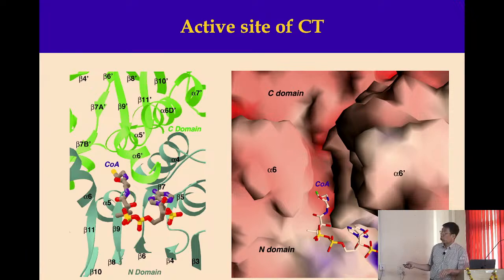And then if you look at the molecular surface in this region, colored by electrostatics, so red is negative charge, blue is positive charge, you can see there are huge mountains on both sides surrounding a canyon right in the middle. That's at the interface. CoA binds the bottom part of this canyon. And you may remember from the introduction to the biochemistry, this enzyme requires two substrates, acetyl-CoA and carboxybiotin.